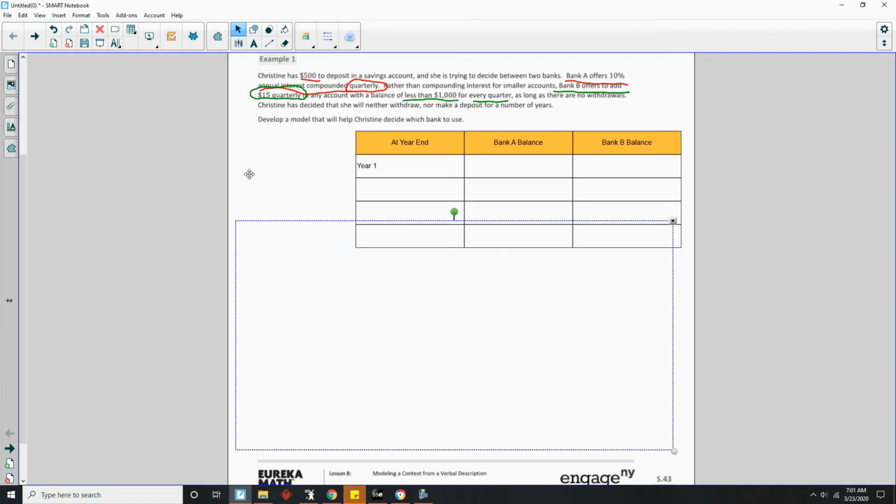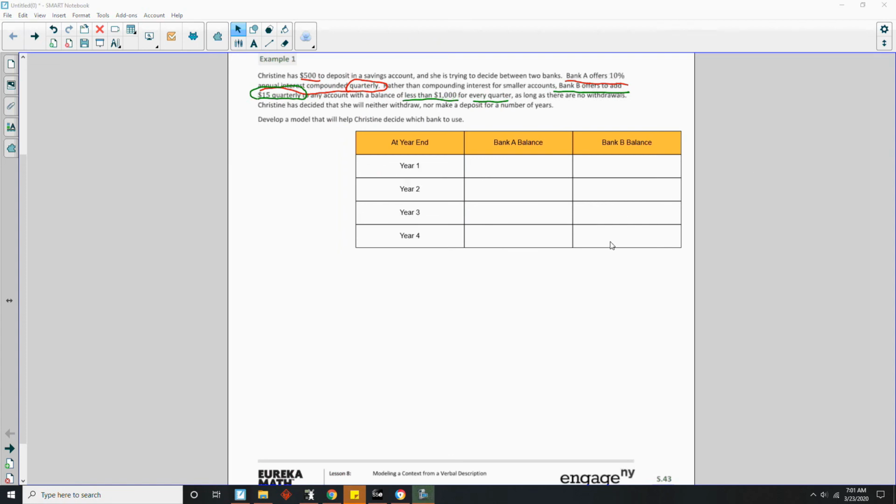So this is going to be year 1. Okay, so we're going to look at a few years first. Year 1, year 2, year 3, and year 4, and then we're going to calculate the balances for both banks. But how do we calculate balances? Well, there's several things we need to know and remember from prior lessons.